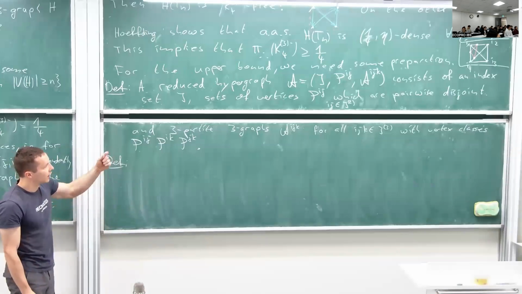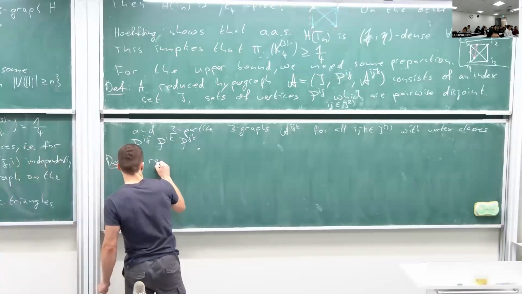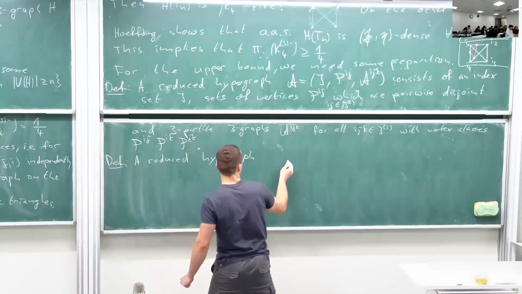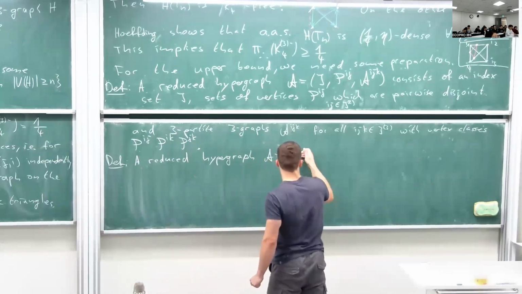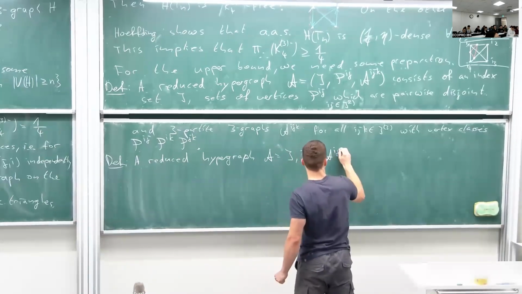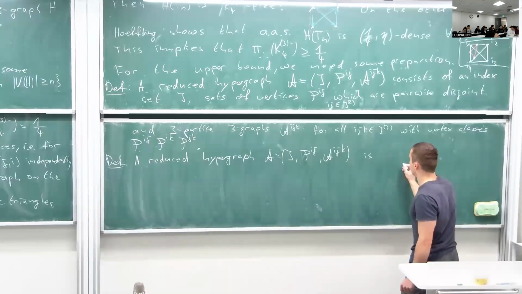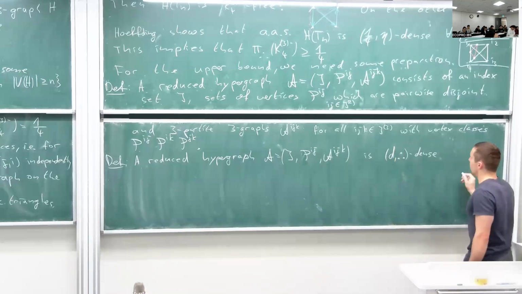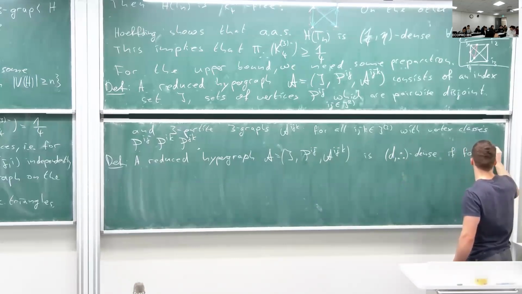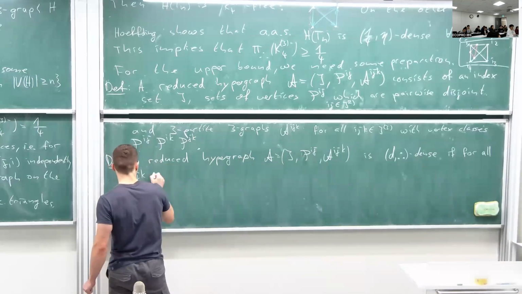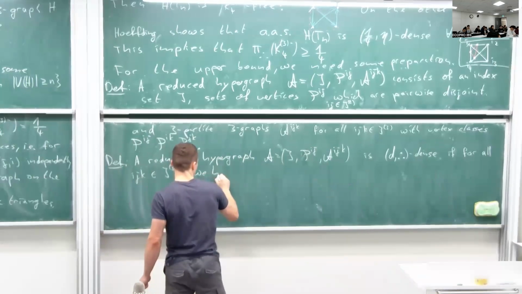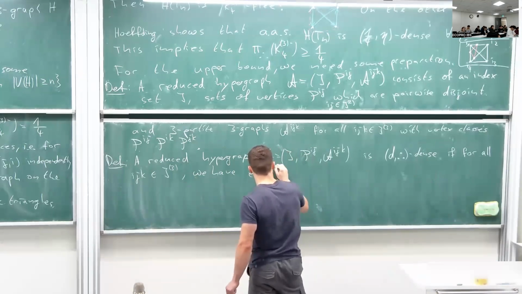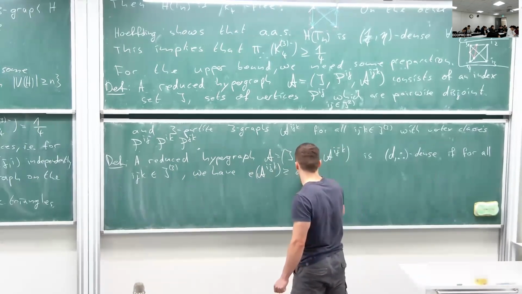Then we also say that this reduced hypergraph is d-dense if for all Hijk we have that the number of edges in that particular 3 graph is at least d times what we would expect.